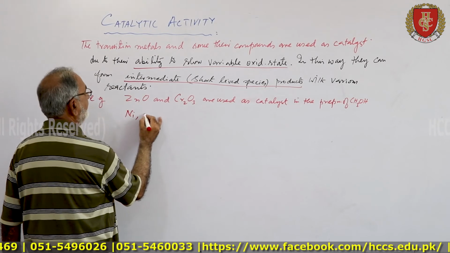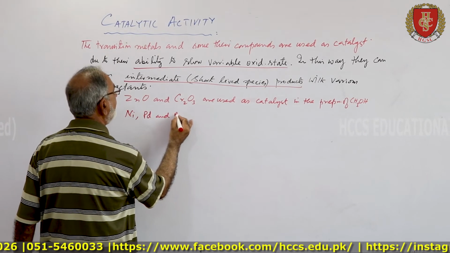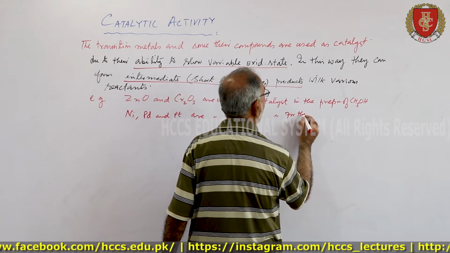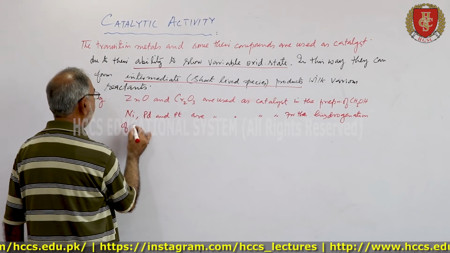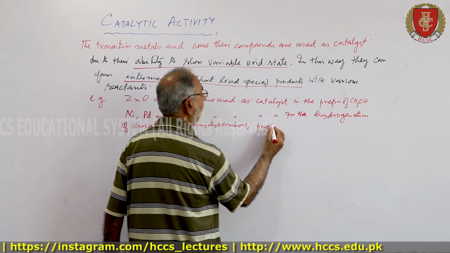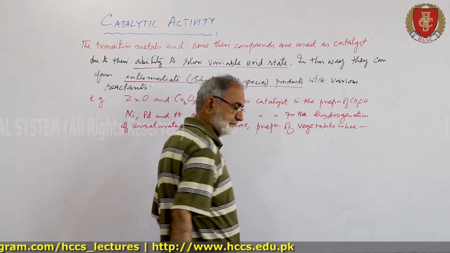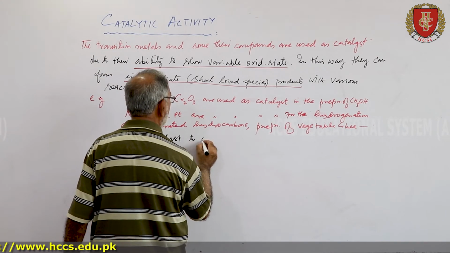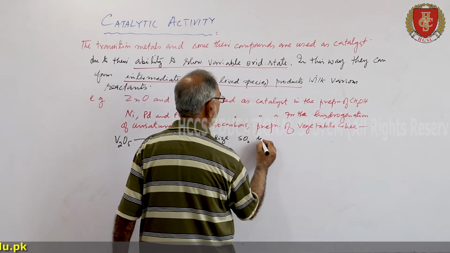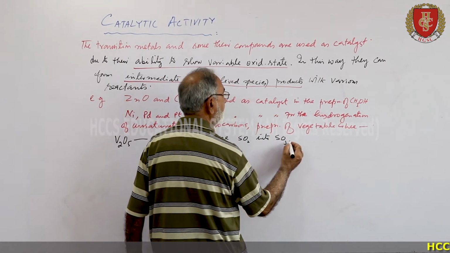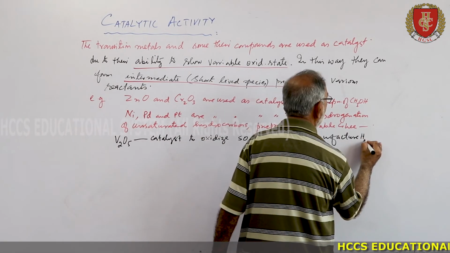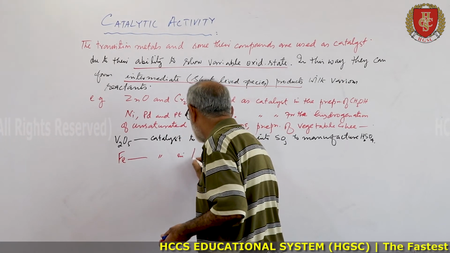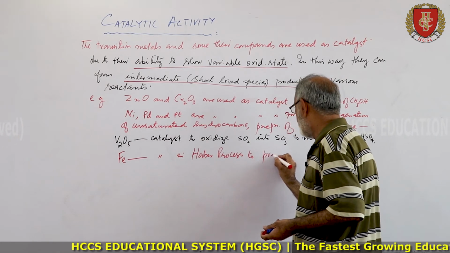Similarly, nickel, palladium and platinum are used as catalysts for the hydrogenation of unsaturated hydrocarbons, preparation of vegetable ghee, etc. V2O5 is used as a catalyst to oxidize SO2 into SO3 to manufacture H2SO4. Iron is used as a catalyst in the Haber process to prepare ammonia.